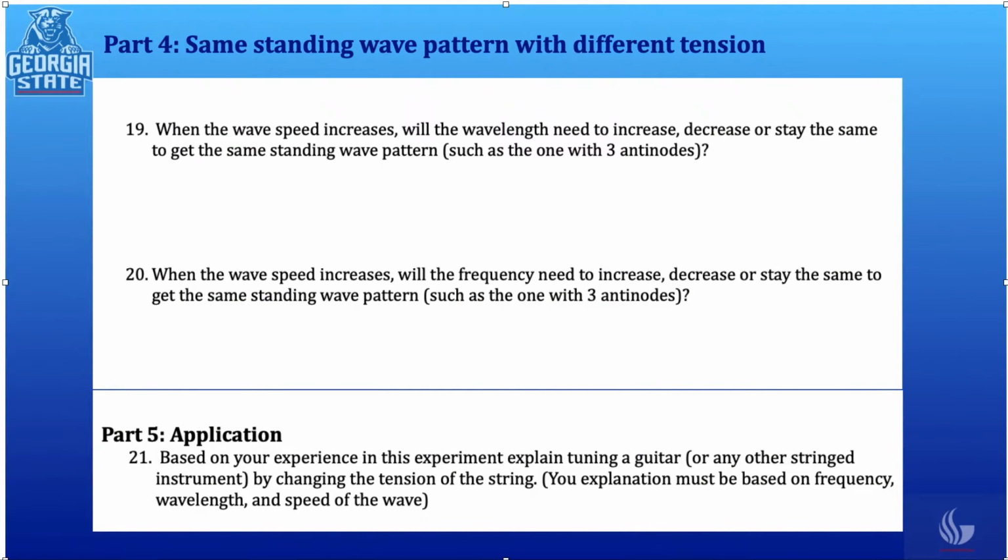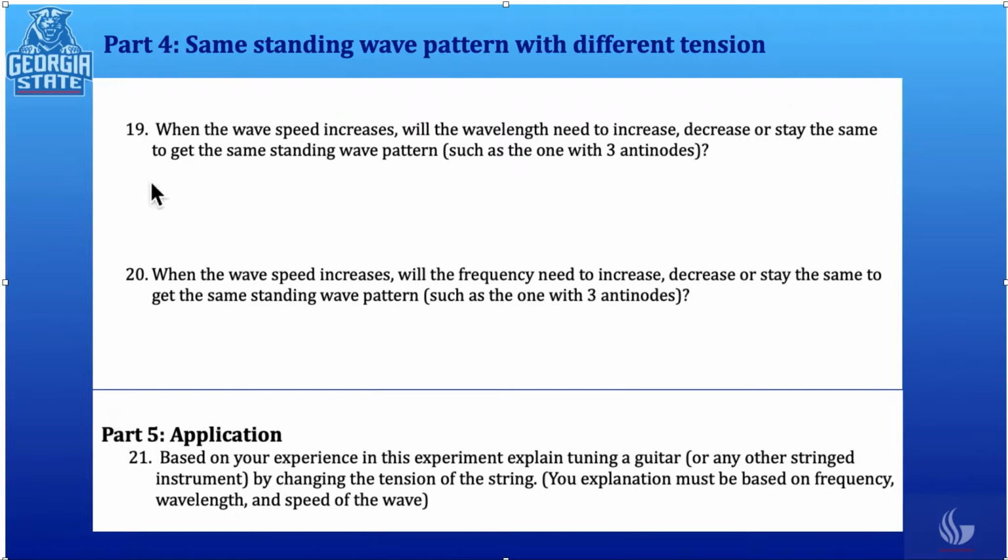Coming to question 19: when the wave speed increases, will the wavelength need to increase, decrease, or stay the same to get the same standing wave pattern, such as the one with 3 antinodes? You see that when wave speed increases, V equals F lambda, the lambda also increases, but keeping the frequency constant.